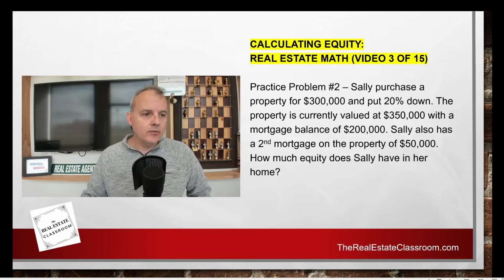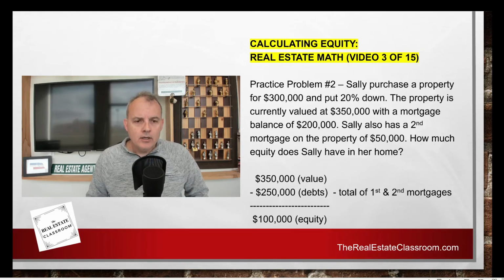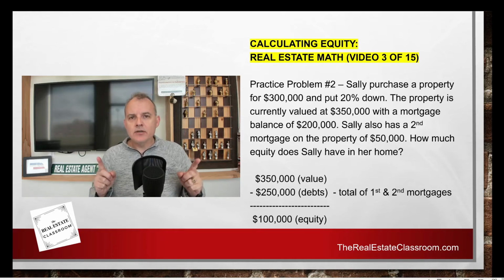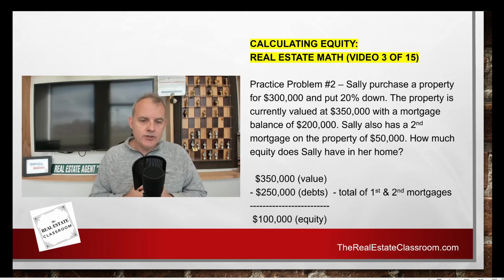So let's take a look at what that mathematical calculation looks like. You can see on the bottom of your screen, we have $350,000 value, and then we're going to subtract from that value $250,000. That's the total amount between the first mortgage and the second mortgage.